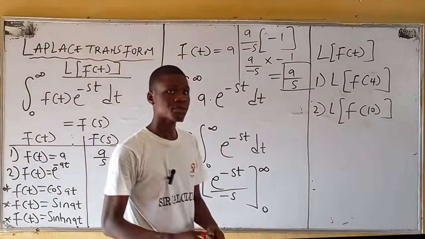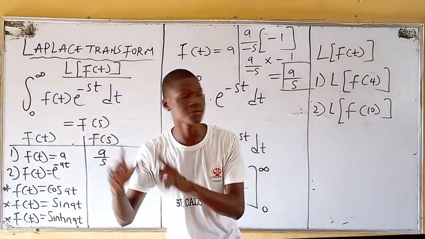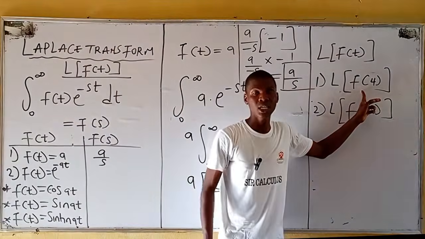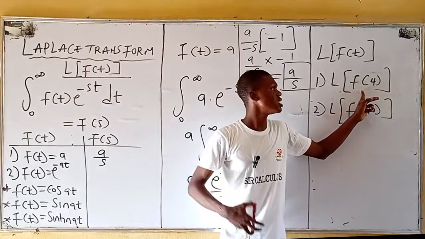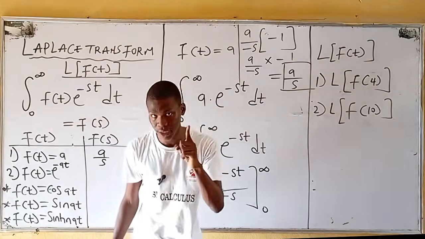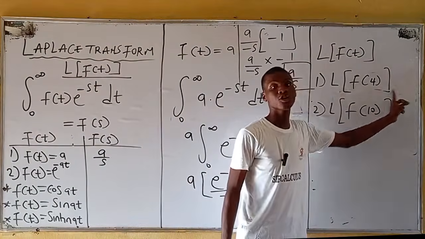First thing first, ask yourself what type of function this is. Is it a constant function? An exponential function? A trigonometric function? Whatever the function is, identify it. For this question, this is a constant function.